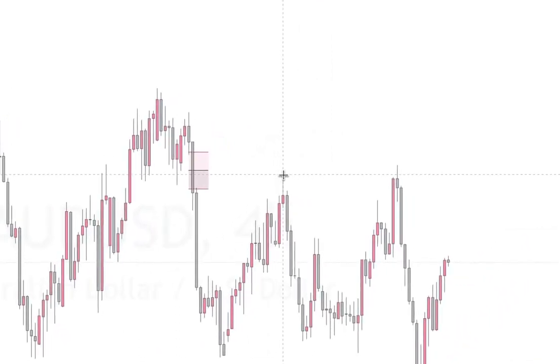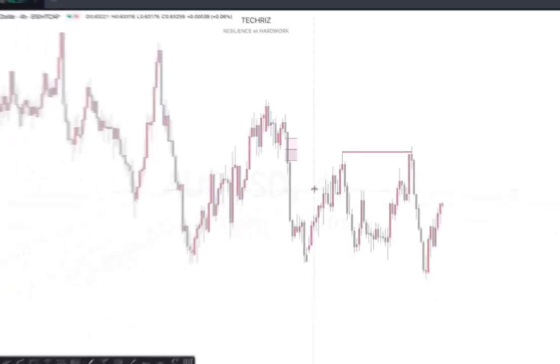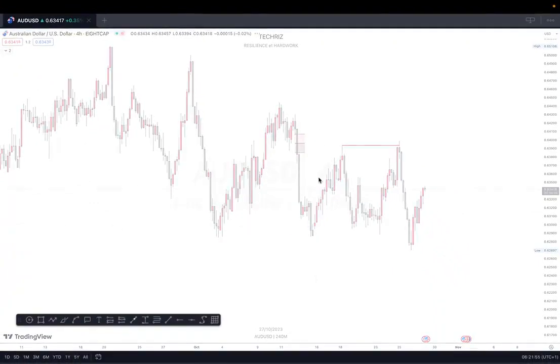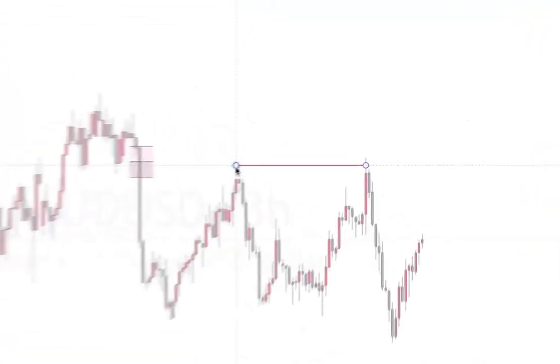The market took liquidity off that high and then steered upwards, triggering the consequent encroachment of the FVG there. So let's move down the time frame and see what we can build from it.